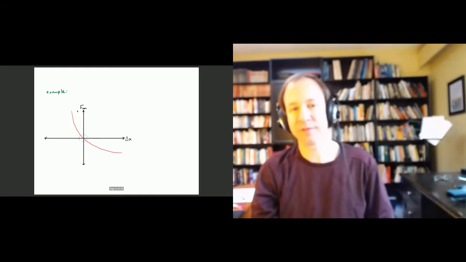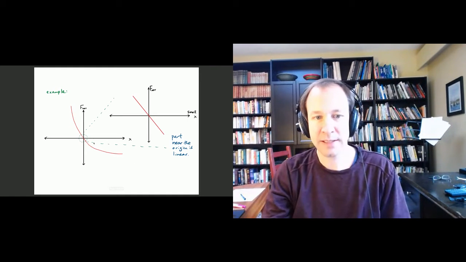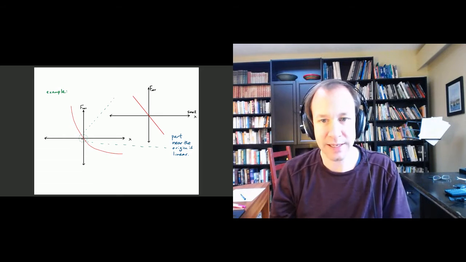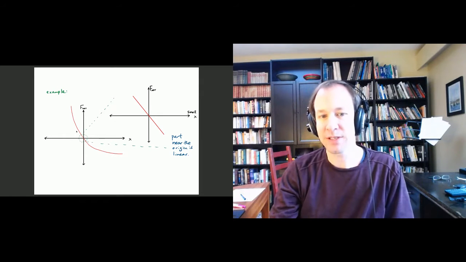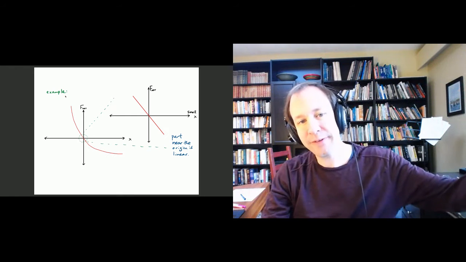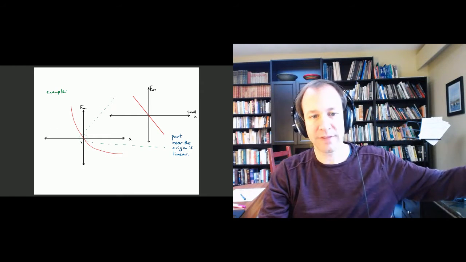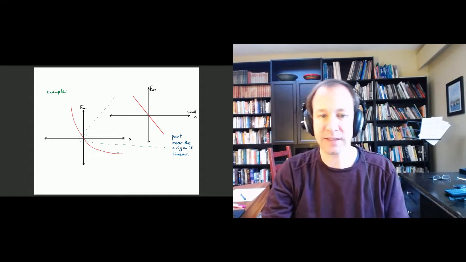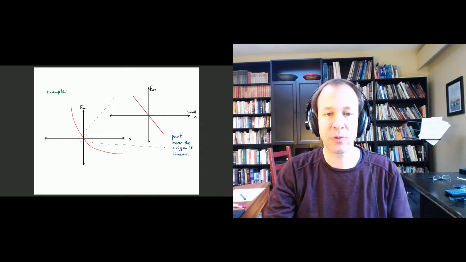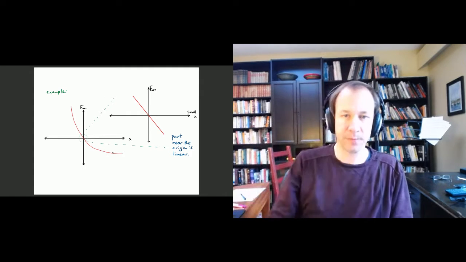So let's have a closer look at that region of the graph. Here I have it on my slide. Basically the observation is that if I zoom in to that region near the origin, then essentially any function like this that is positive for negative values of x, negative for positive values of x, and equal to 0 for 0 values of x, is going to look like some downward sloping line.